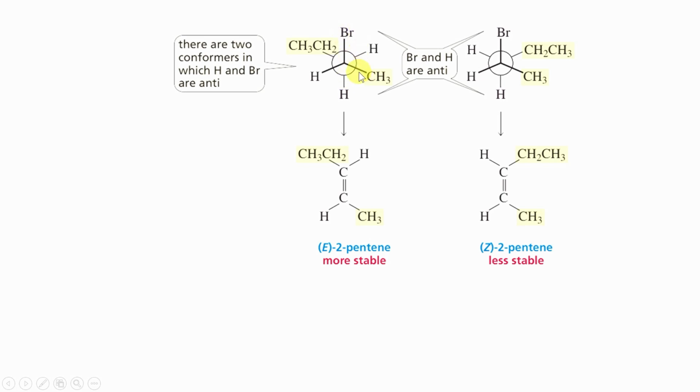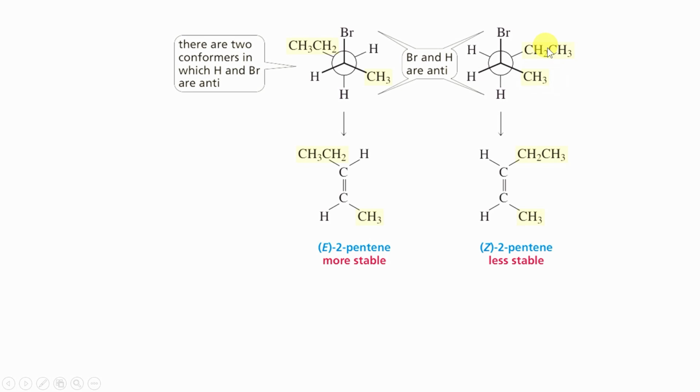each other. From this conformer, after the elimination, we will get E-2-pentene, which will be more stable because these bulky groups are on the opposite side of the carbon-carbon double bond, whereas this Z-2-pentene is formed from this less stable conformer, even though this hydrogen and bromine are anti to each other, which is a favorable condition for E2 elimination.